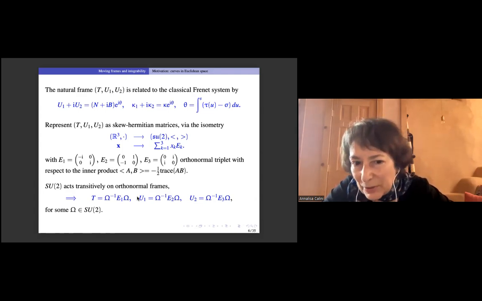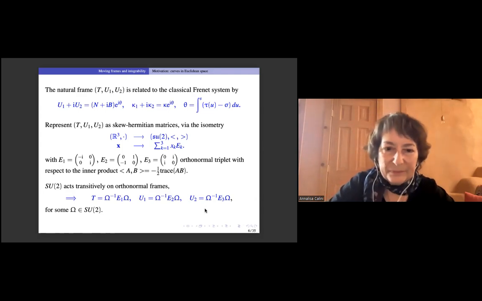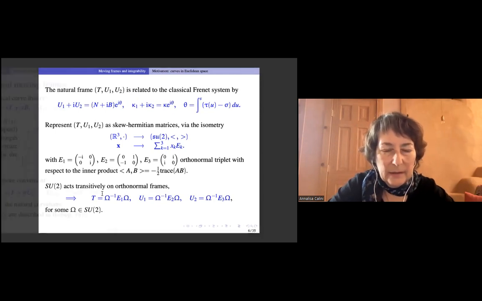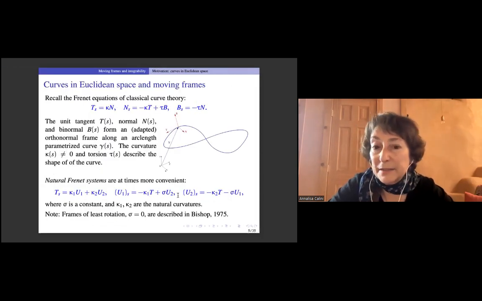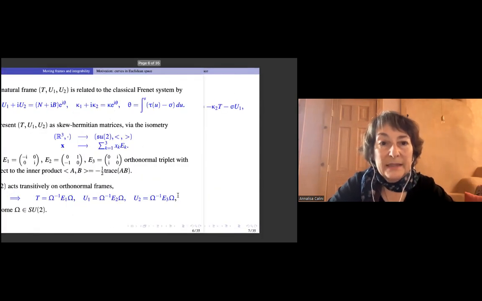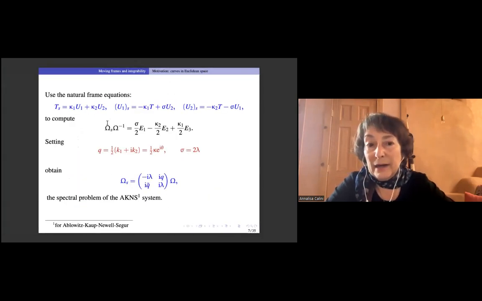I can insert this expression here. Let's see if I can go back. Into the natural Frenet systems. And this is going to give me the way this conjugating matrix in the group changes as I slide along the curve.